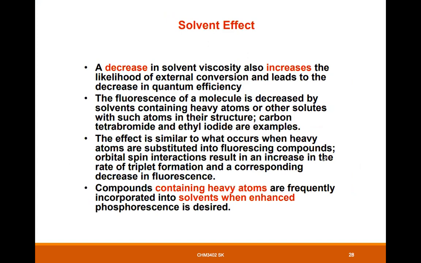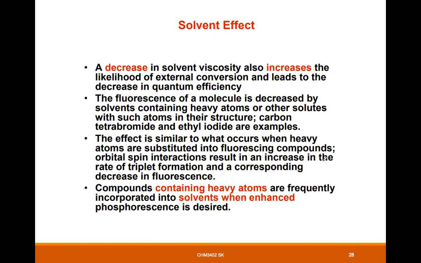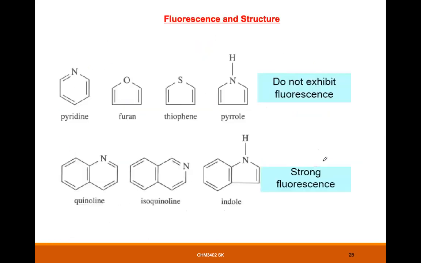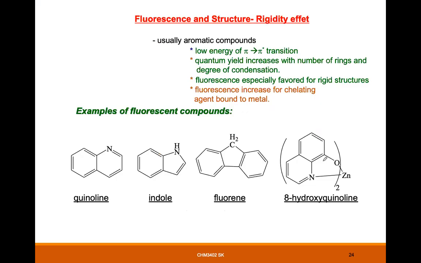And of course, just now you know that the energy might be transferred to the solvent, so this also will decrease the fluorescence intensity. These are among the factors, but the biggest one that interferes is the halogens and oxygen. That's why we have to degas the solution.